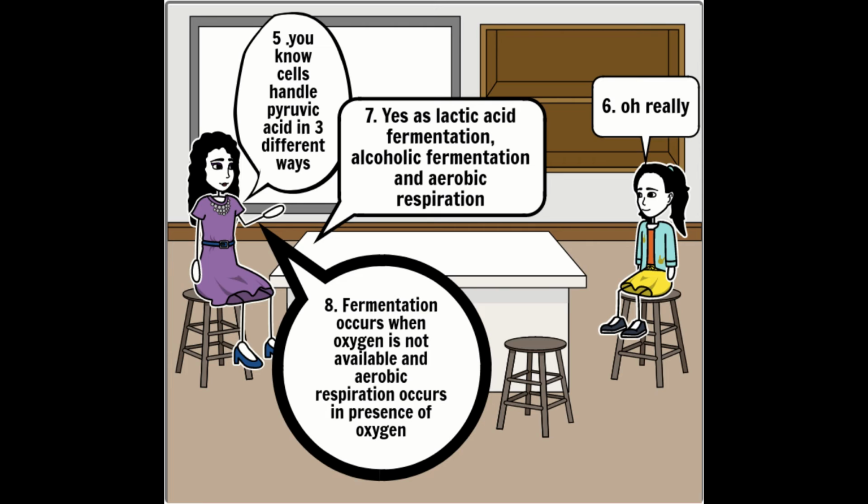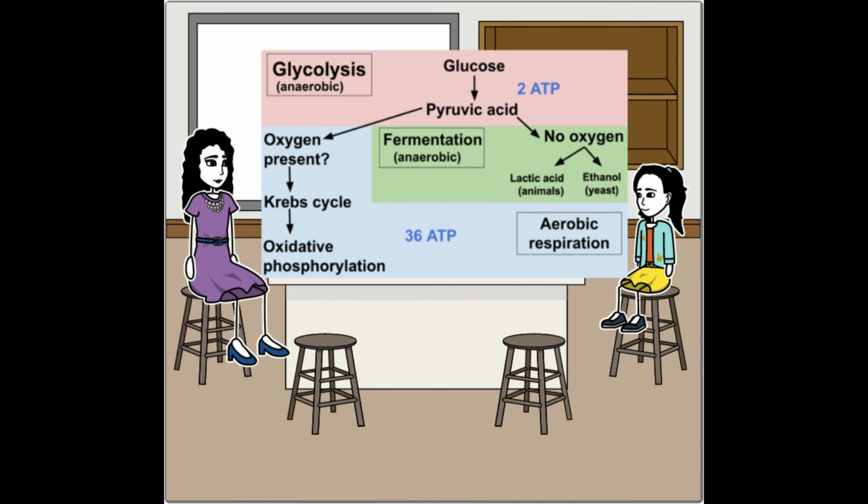At the end of glycolysis, two pyruvic acid molecules are formed and cells can handle pyruvic acid in three different ways. The cells enter either lactic acid fermentation, alcoholic fermentation or aerobic respiration depending upon the availability of oxygen.